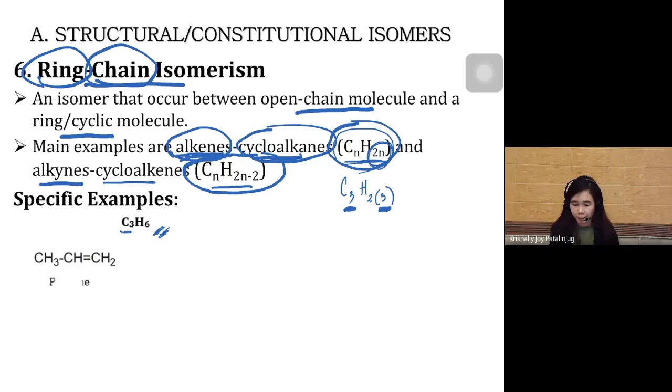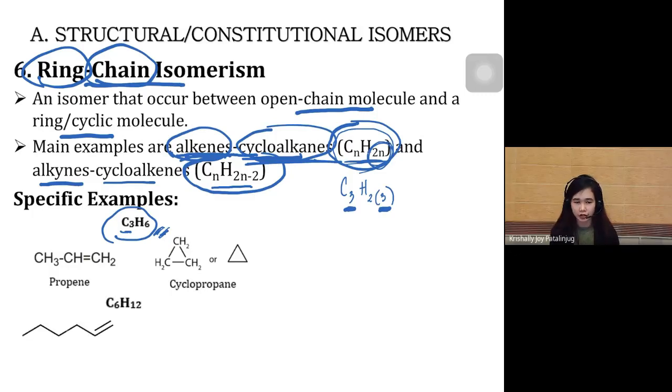Okay? Kapag tatlo yung carbon sa cycloalkane, how do you name that? Cyclopropane. Okay? Now try to check the formula of both structures, the same. Tatlo yung carbon, anim yung hydrogen.